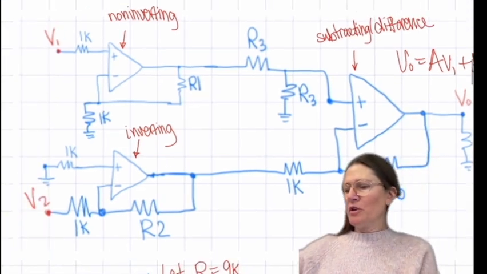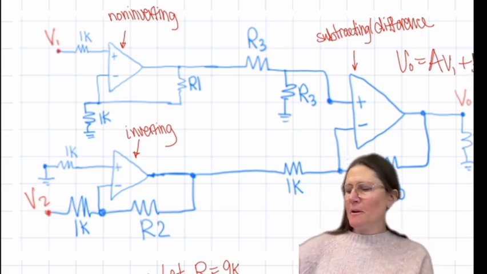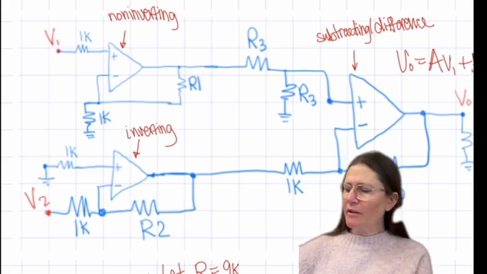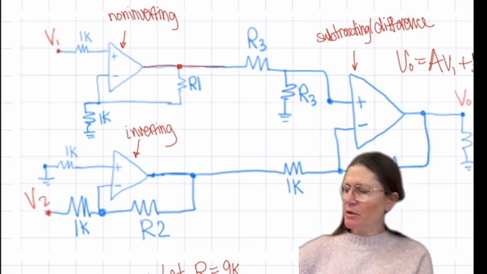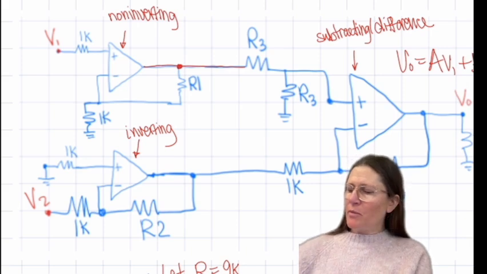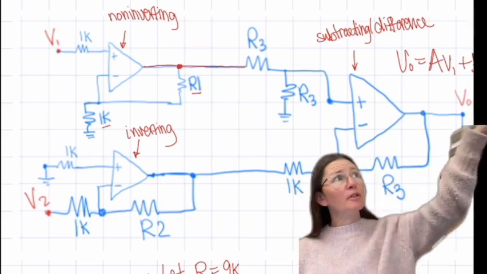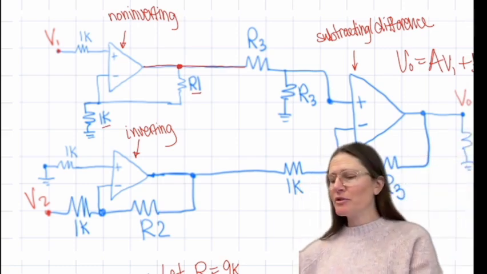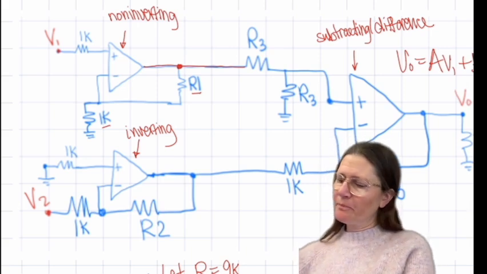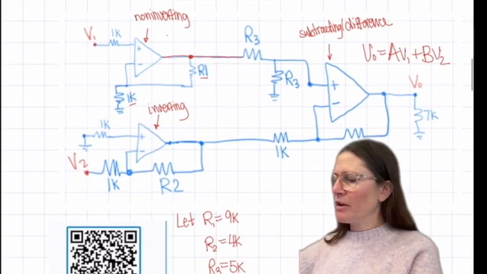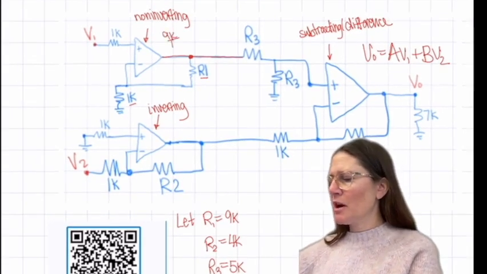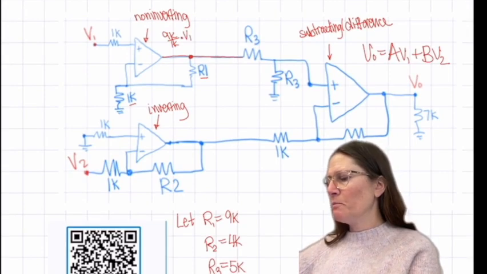All right, so for the non-inverting, the gain at this output node is going to be R1 over 1K, so that resistor over that resistor, plus 1. And R1 was 9K. Let's write that. So 9K over 1K times V1.